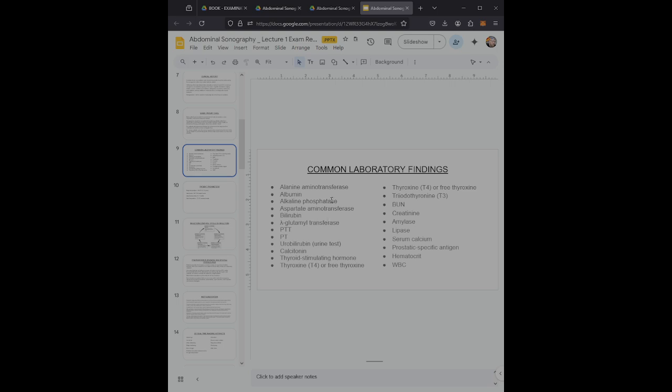Alkaline phosphatase increases are related to biliary obstruction, liver cancer, pancreatic disease, and gallstones. An increase in hepatic enzyme activity corresponds to the elevation in serum alkaline phosphatase levels.